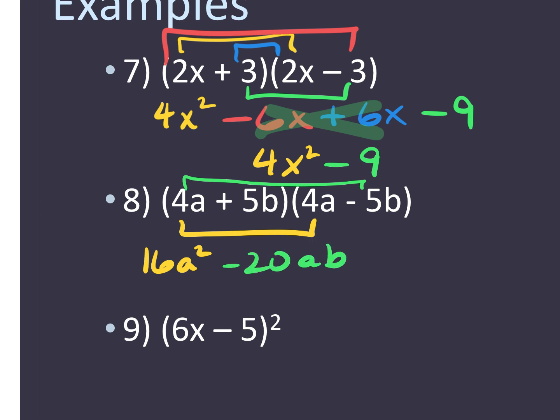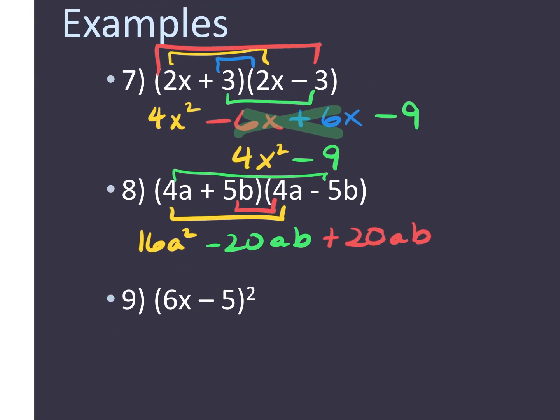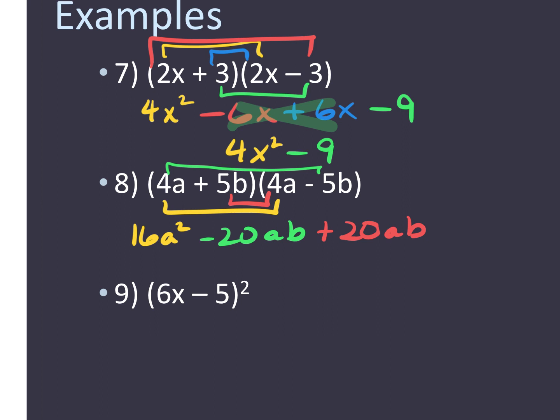Now, whenever I multiply two variables like this, notice the next one. Instead of putting this in as BA, when I have two variables, I always put it alphabetically. That helps me to recognize like terms a little easier. And then finally, the last will be negative 25b squared.